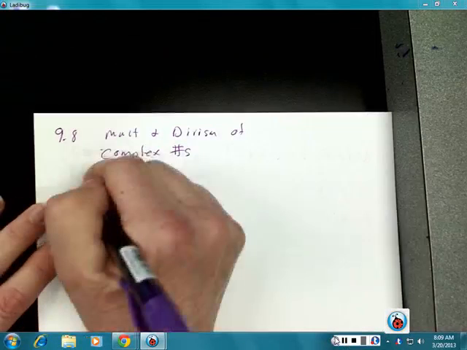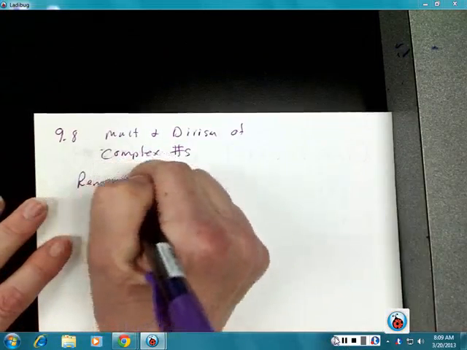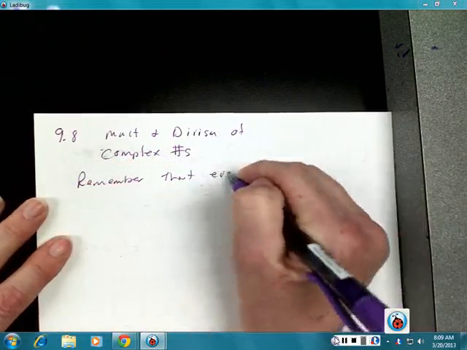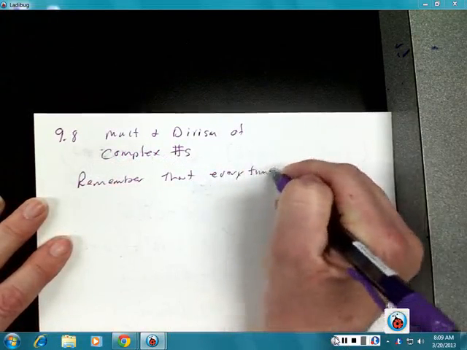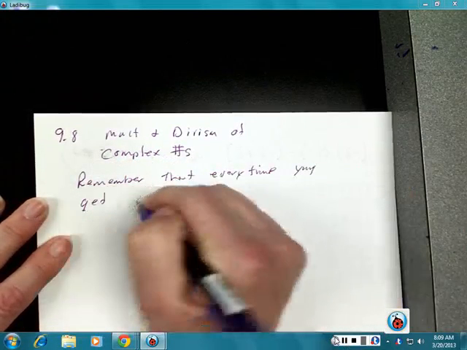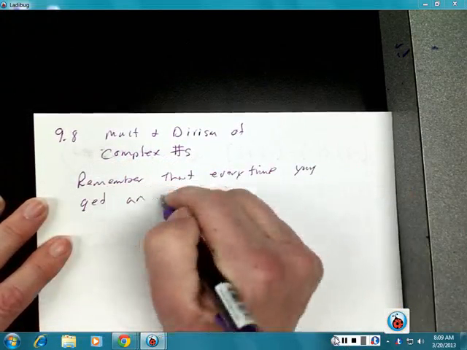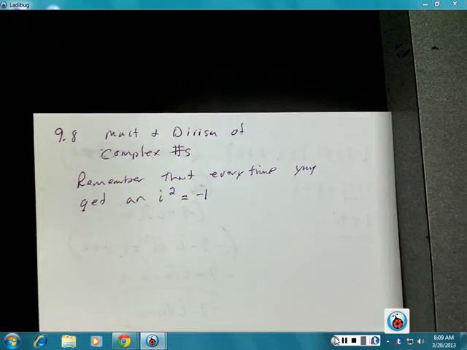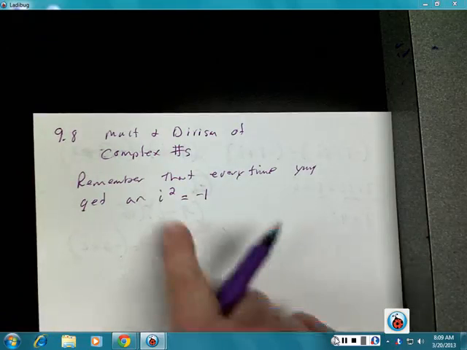You need to remember that every time you get an I squared, it's going to be equal to a -1. Because as we work with these for our multiplication and we FOIL, we're going to end up with I squareds.